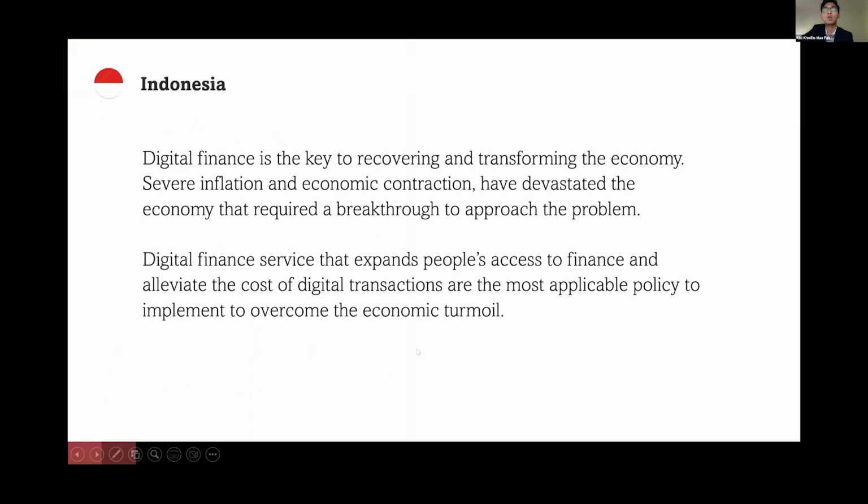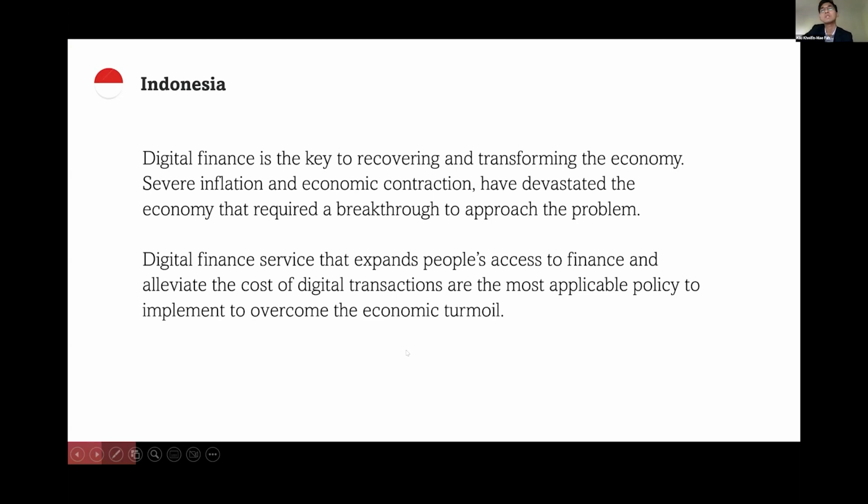So these are some recommendations for specific countries. For Indonesia, digital finance is the key to recovering and transforming the economy. Severe inflation and economic contraction have devastated the economy, which requires a breakthrough approach to the problem.